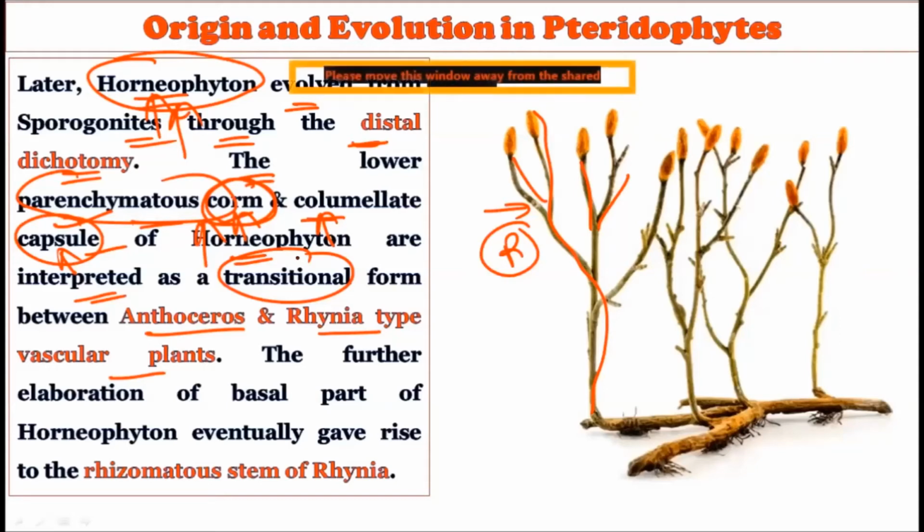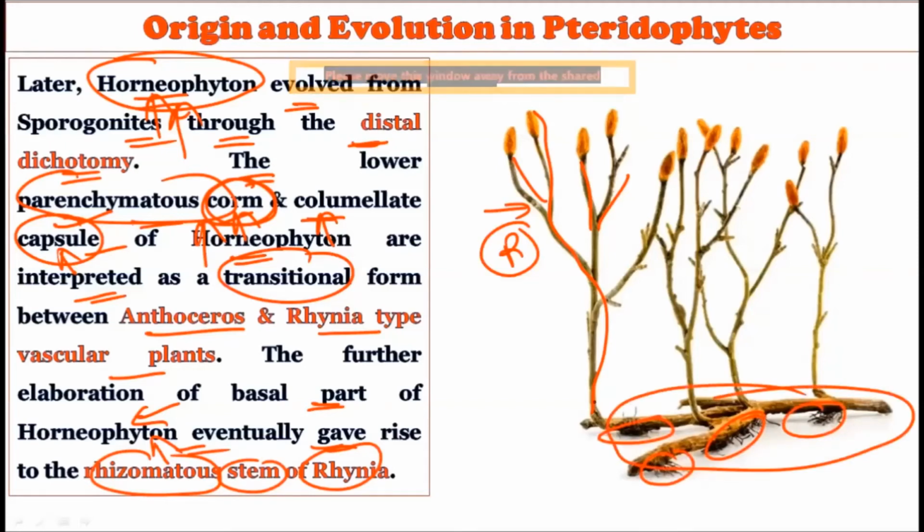Okay, the further elaboration of the basal part of Hornea phyton eventually gave rise to the rhizomatous stem of Rhynia. So whatever basal portion is there in Hornea phyton eventually gave rise to the rhizome-like stem. So on the evolutionary line, this Smith theory, which advocates the bryophytic origin, explains how the Anthoceros type of plant got converted into the morphological features of the Rhynia-like plant.